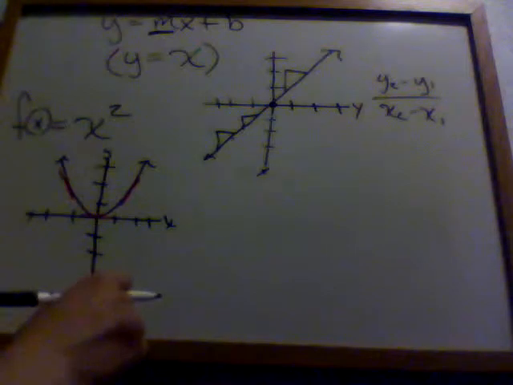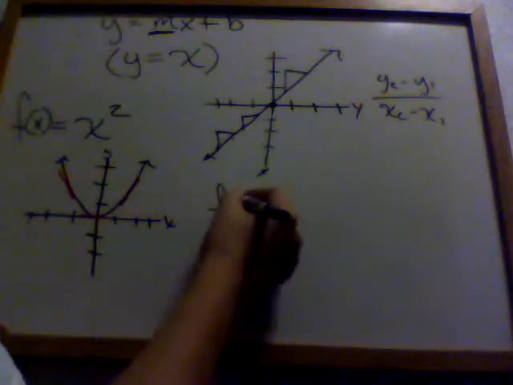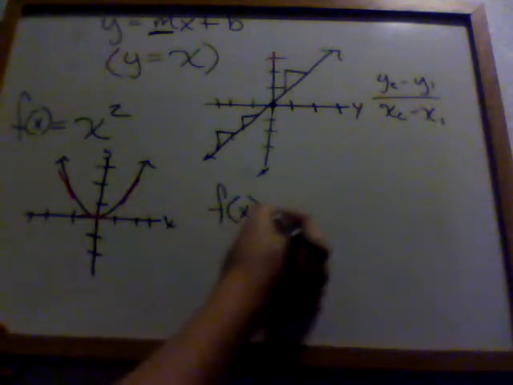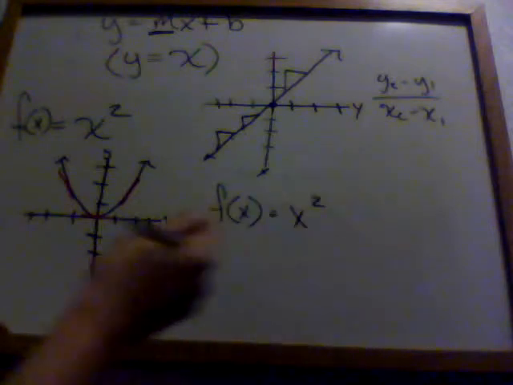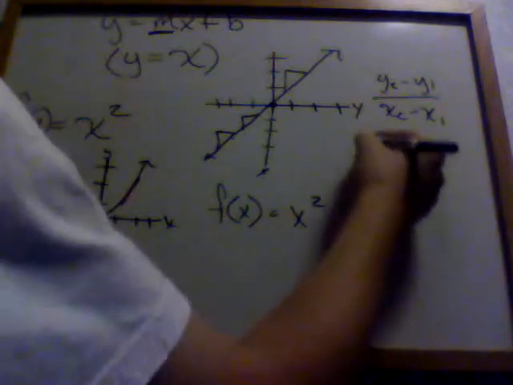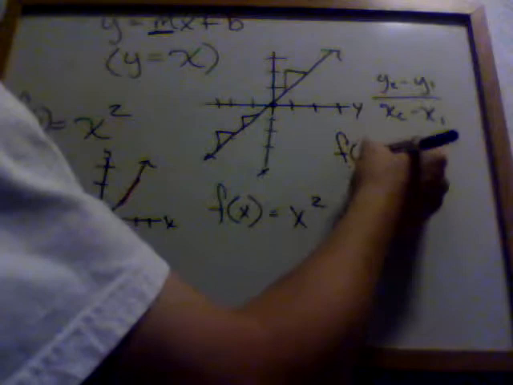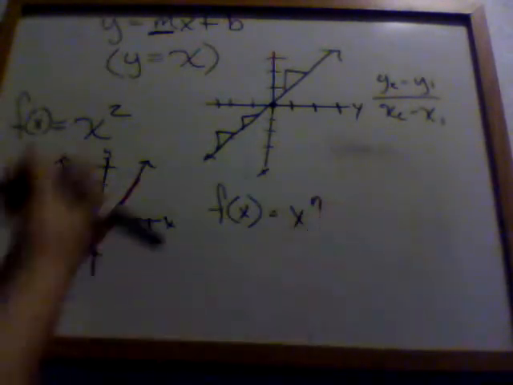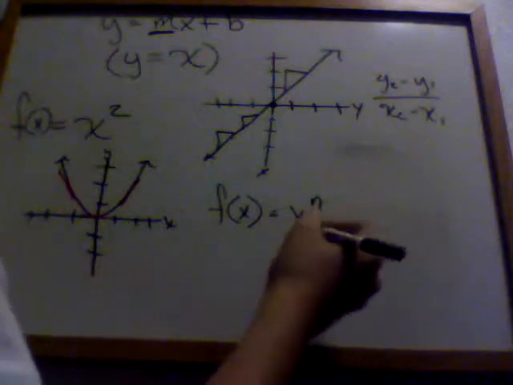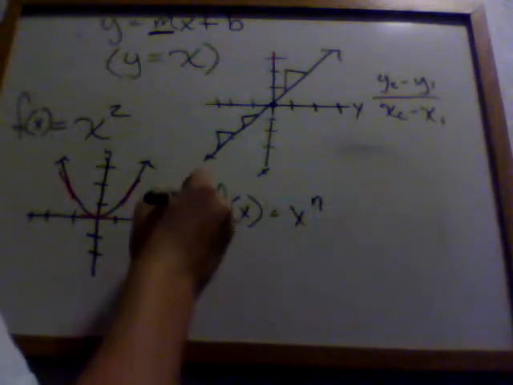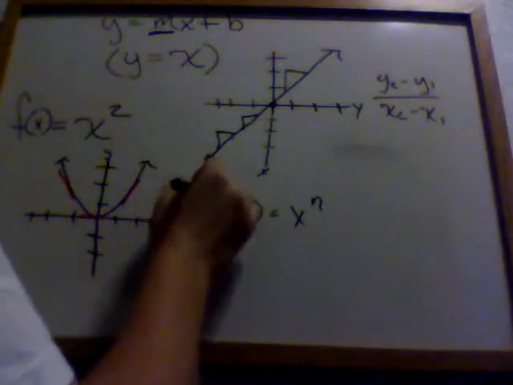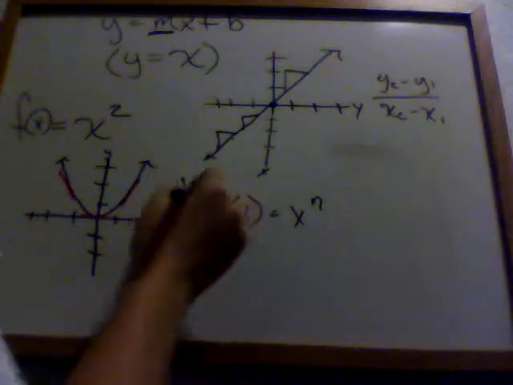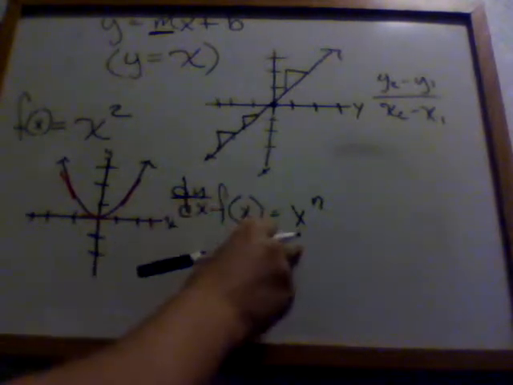If we have the function f of x is equal to x squared, taking the derivative is, well, let's just do it here. This is the general formula I'm writing here. The derivative of this, so you would write d/dx of f of x.